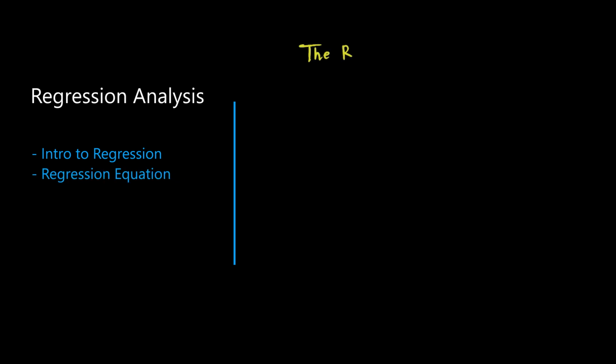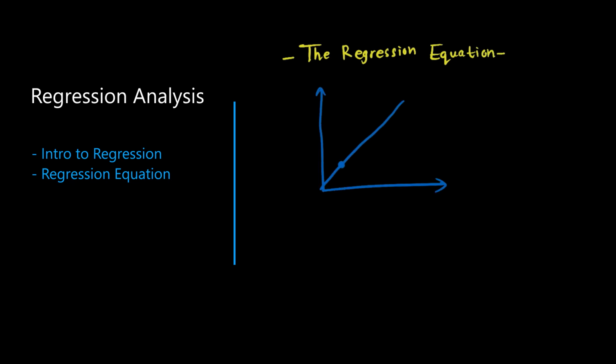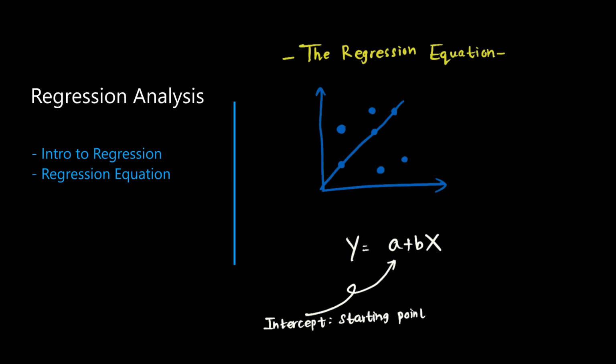When we have a bunch of data pairs for x and y, we can plot them on a scatter plot graph. Usually the points won't form a perfect straight line, but they might show a trend. The goal of linear regression is to find the one single straight line that cuts through the data in a way that best represents that trend. This line is called the line of best fit, or the regression line.